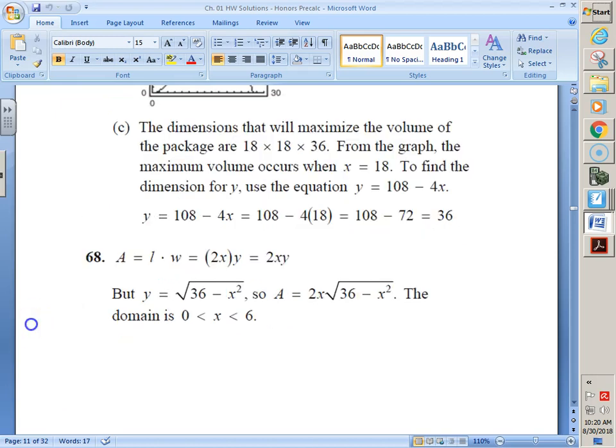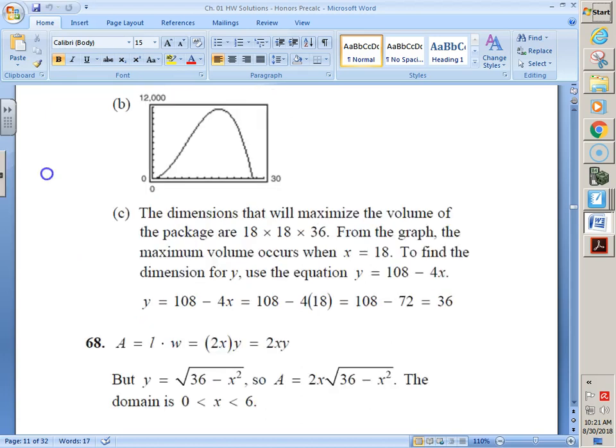Joe, go ahead. I have a thought. Isn't it like, could it be if we made it a cube, it can maximize all the volume? If it was a cube, but sadly it's a rectangular solid. But I see what you're saying. There is an SAT-like trick: if you're trying to maximize, the maximum of any sort of rectangular solid where there are no extra restrictions is to make it a cube.